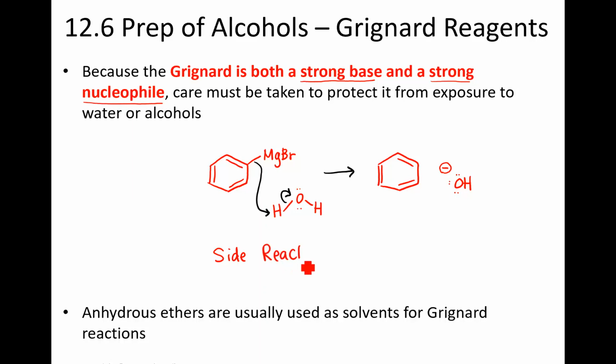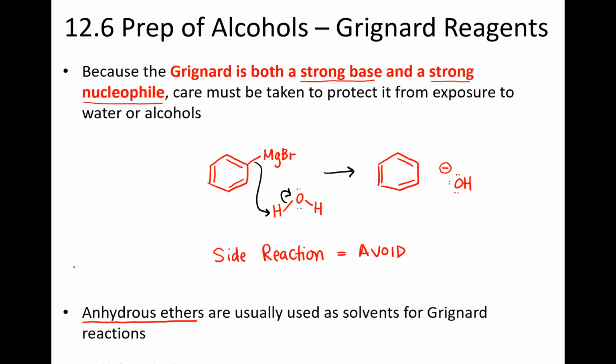So in order to avoid that, we would want to pay careful attention to excluding water from the reaction. So as a result, we're definitely not going to use water or any type of polar protic solvent such as methanol or ethanol as the reaction solvent. Instead, typically we would use anhydrous ethers as the solvent. So anhydrous means rigorously purified of water, so there's no water around, right?